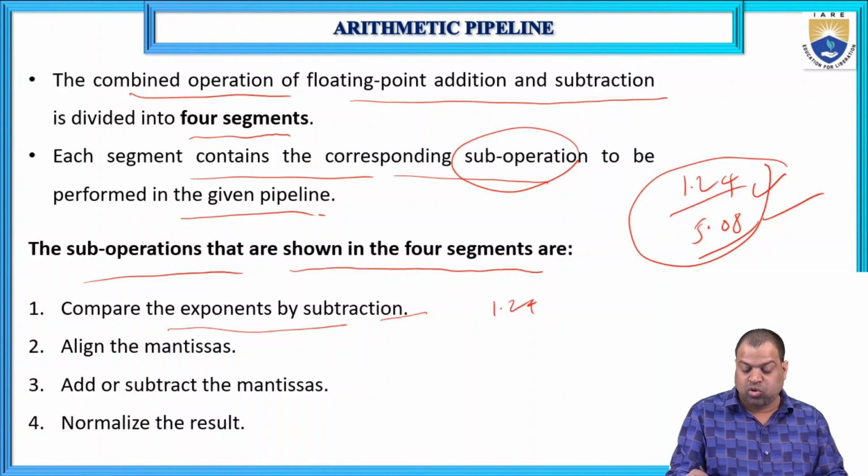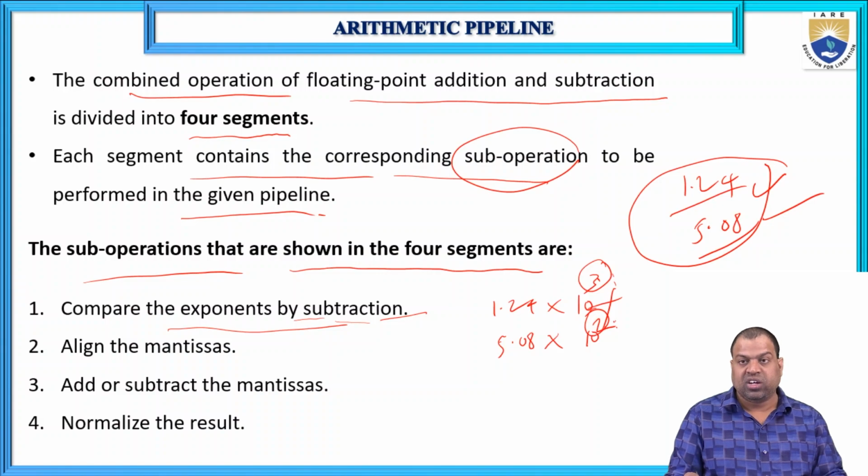Suppose 1.24 times 10 cubed, plus I am adding another, 5.08 times 10 squared. So are these exponents balanced? No. Here 10 cubed is there, here 10 squared is there. How can you balance this?